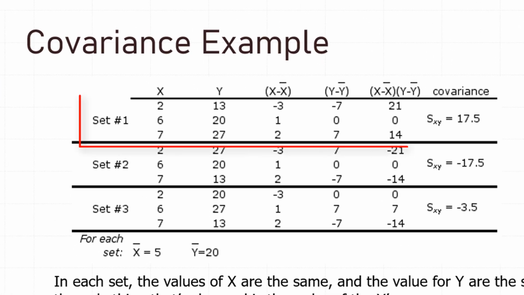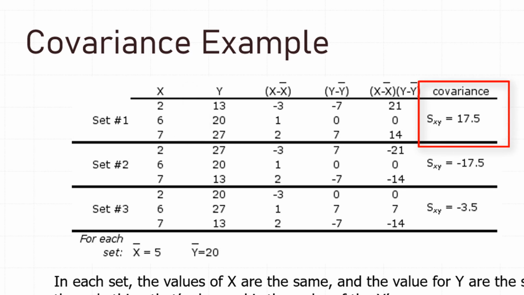In set number 1, as x increases, so does y, and the covariance is a large positive number. You can see x is increasing to 6, 7, and the values of y, 13, 20, 27, also increase, and it is 17.5.